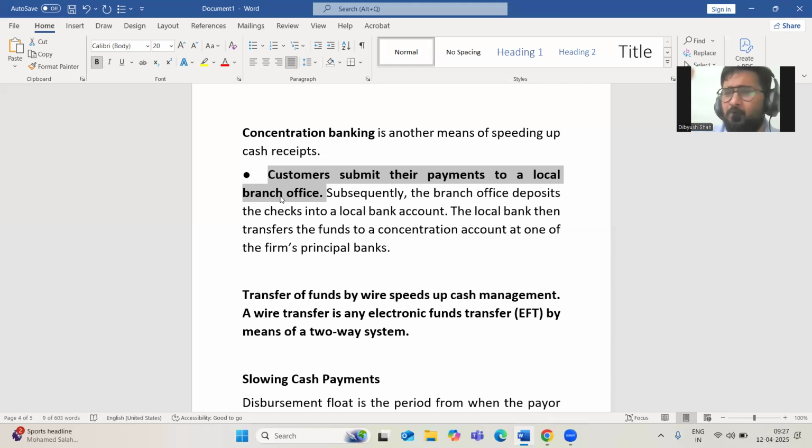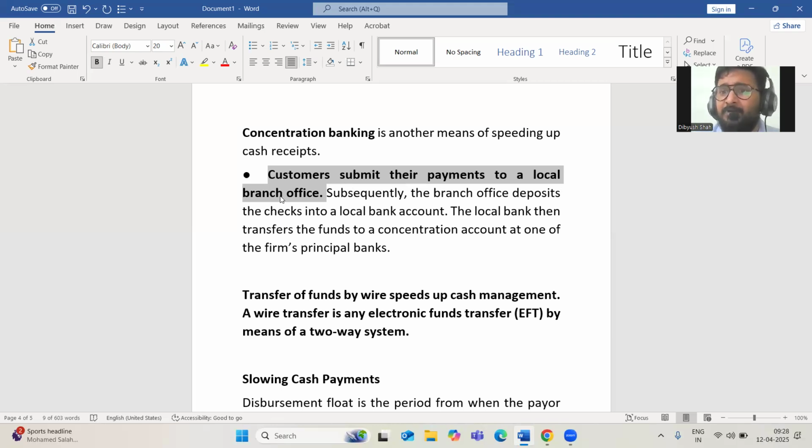So whatever is my local branch of the business, customers will submit the checks there, they will deposit it to the local bank account, and then the funds will be transferred to one concentration account, maybe the firm's main bank. Again, I can speed up cash collections, because otherwise they would have sent the checks to my head office, from where I would deposit again to the bank. There is a lot of collection float involved, so it will save time.